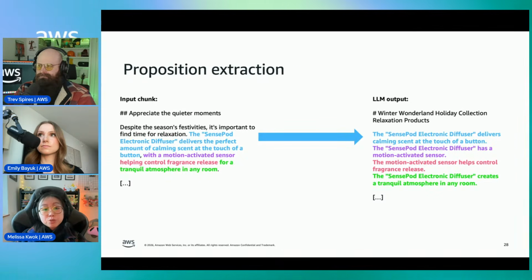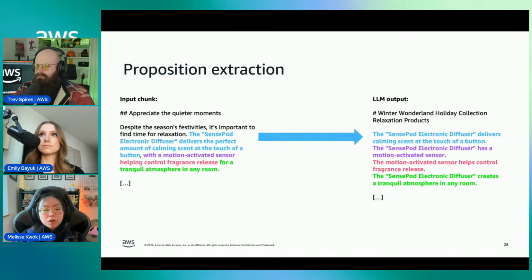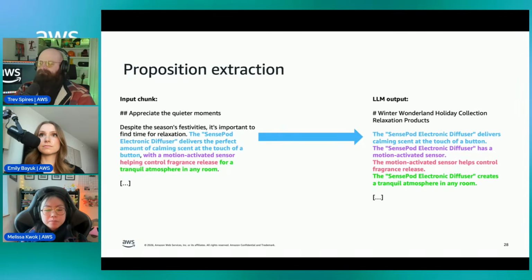We want to clean up a lot of this context, because later on we're going to have the LLM do things like entity extraction, and it's going to be a lot easier for the LLM to accurately pick out entities if we can format the chunk into something a little more explicit.